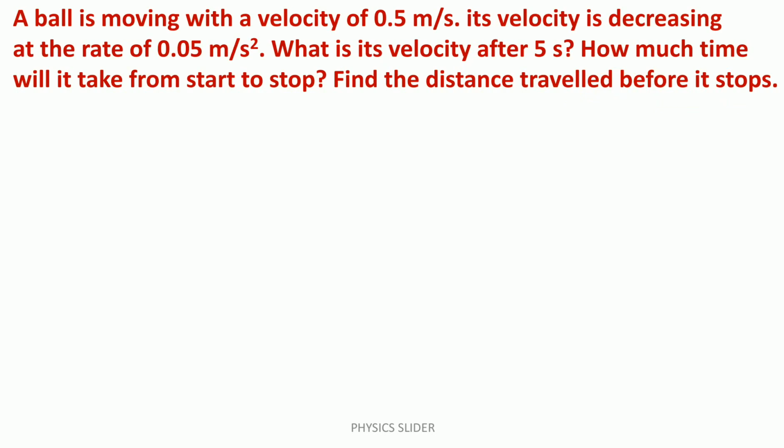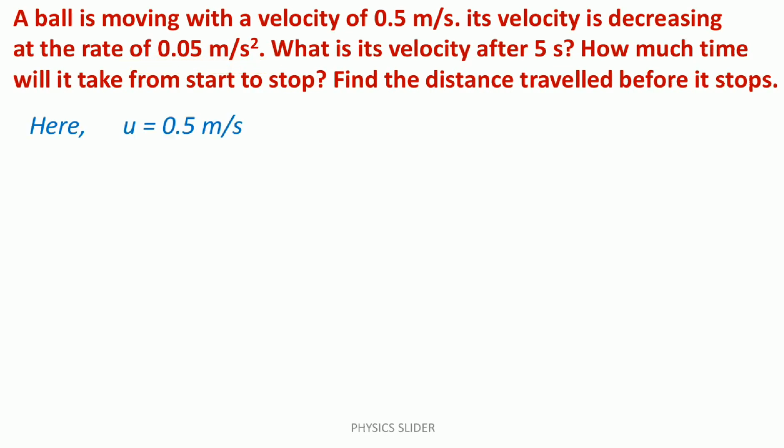So watch here. The velocity by which this ball is moving is 0.5 meter per second. This is the initial velocity. Now the velocity is decreasing at the rate of this acceleration, means this is the decreasing acceleration, or we can say the retardation or negative acceleration.